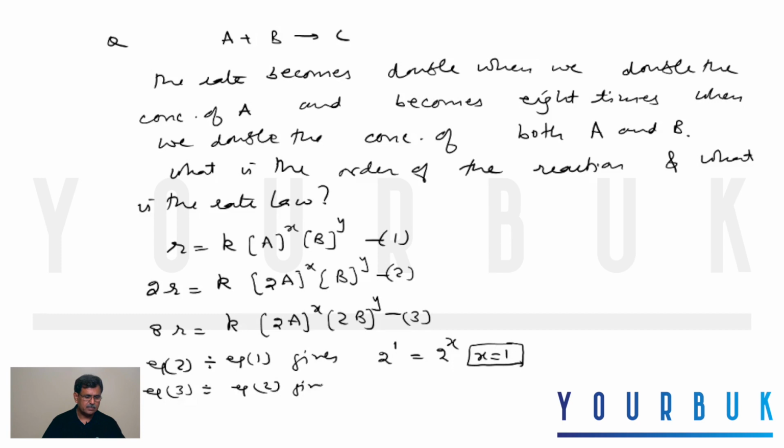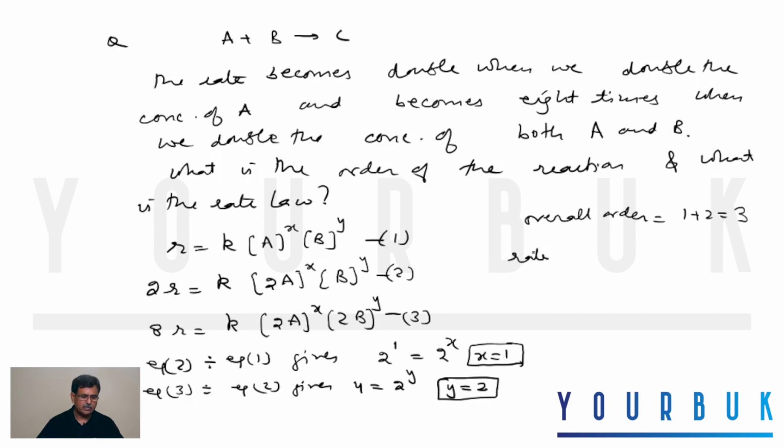It gives 4 equals 2 raised to power Y, or Y equals 2. So the overall order of the reaction is 3. Overall order is equal to 1 plus 2 equals 3, and for the rate law, we put the values of x and y in equation number 1. So the rate law is R equals K into A raised to power 1 and B raised to power 2. This is our rate law.